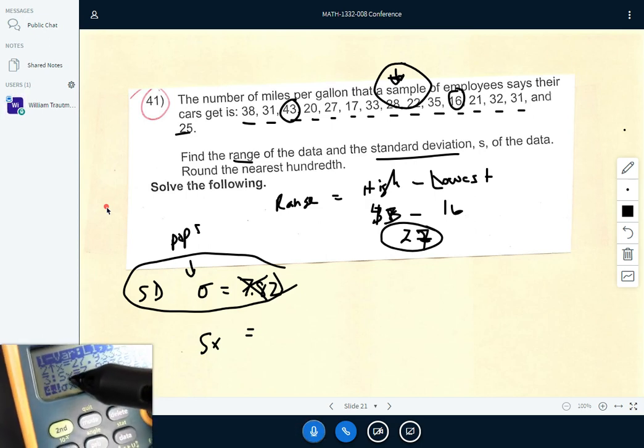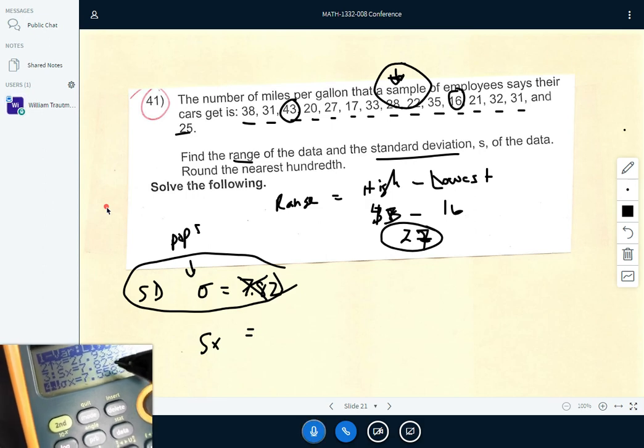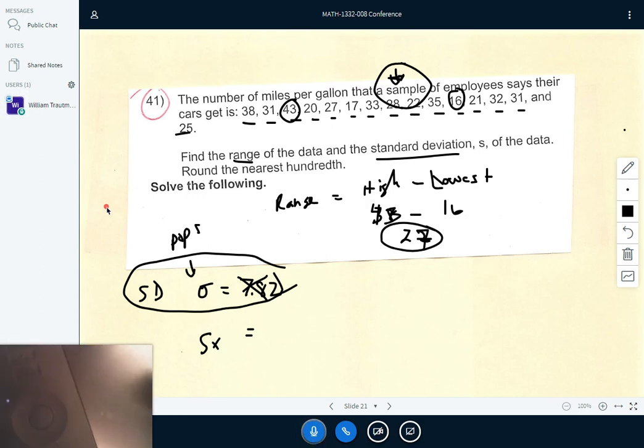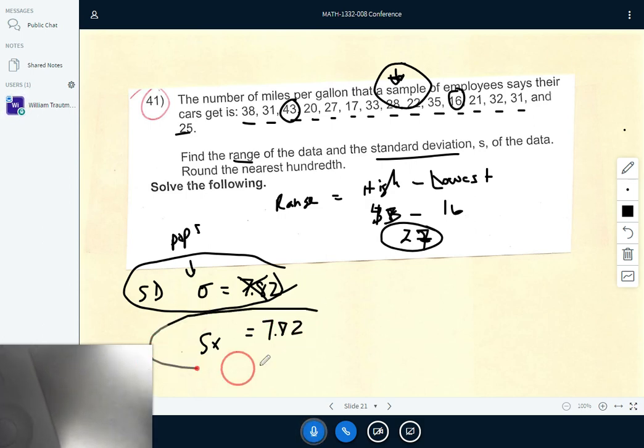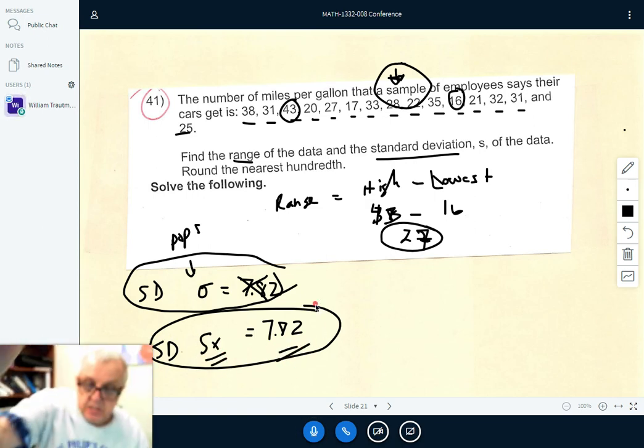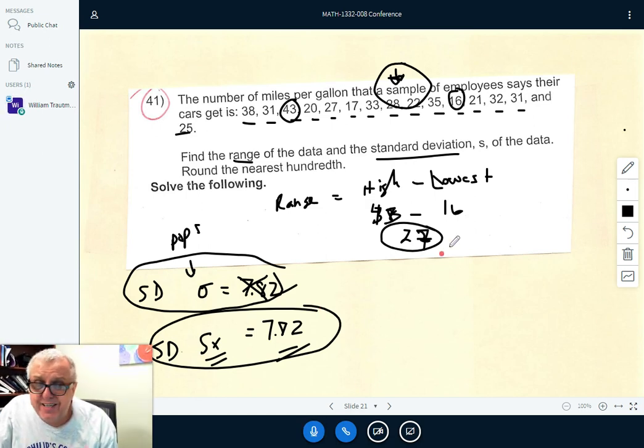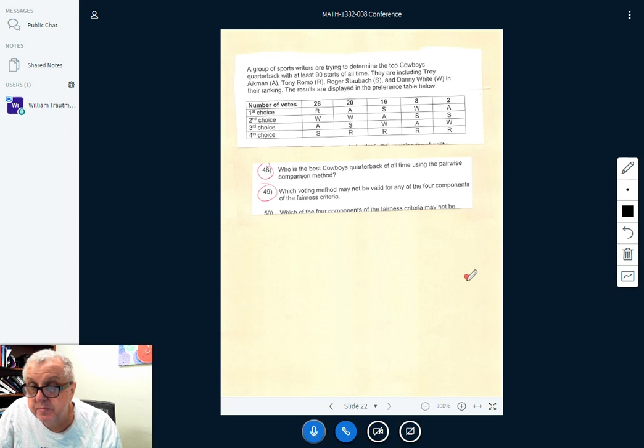So if it says sample, you have to use this number, 7.82. So that's how we got 7.82 for a standard deviation. It's a different symbol. It's called the sample standard deviation. And the other one's just called standard deviation. We refer to that as the population.